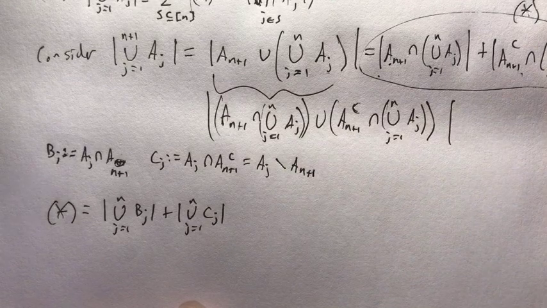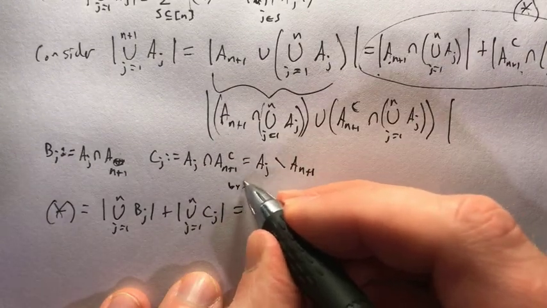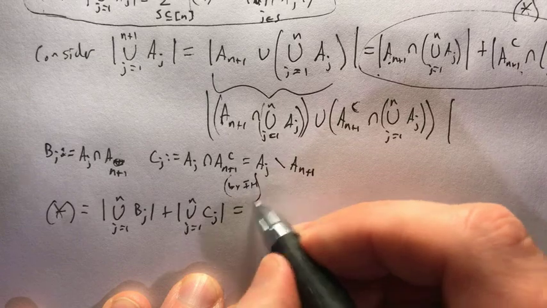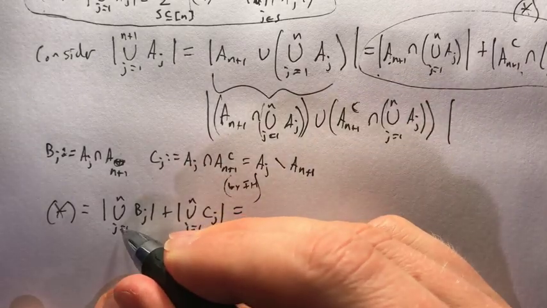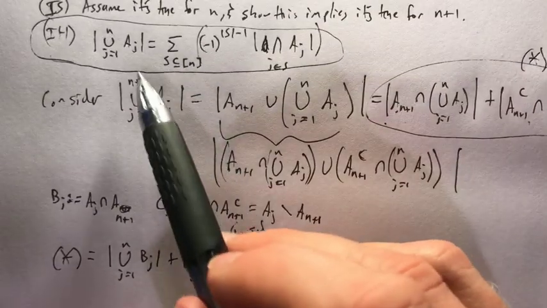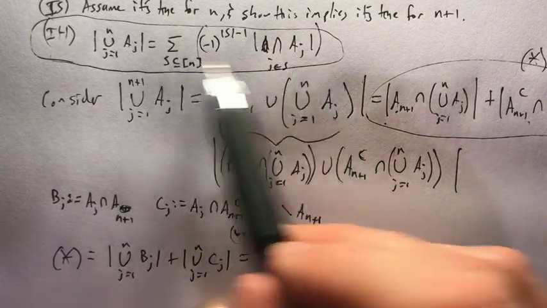So this, by the inductive hypothesis, I'm going to apply the induction hypothesis, which says that the size of the union of n sets is equal to this indexed sum.